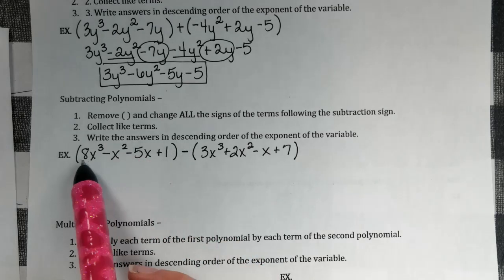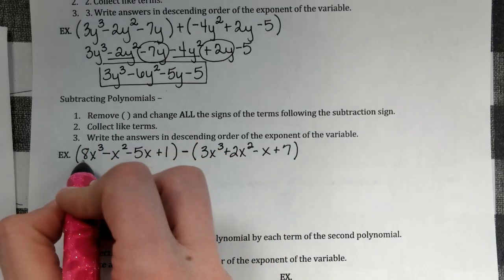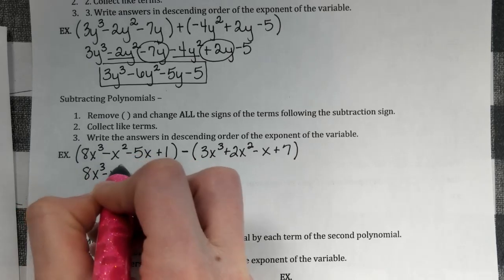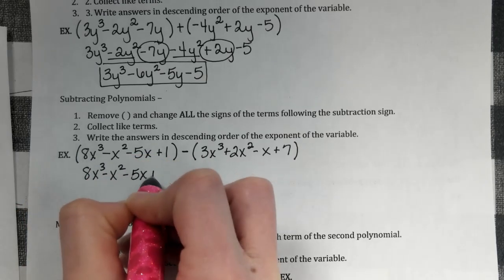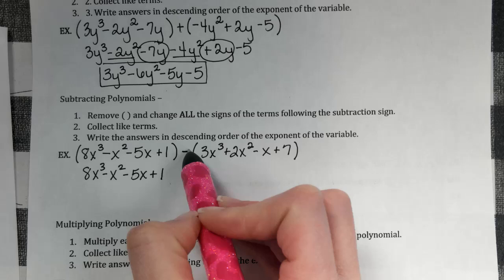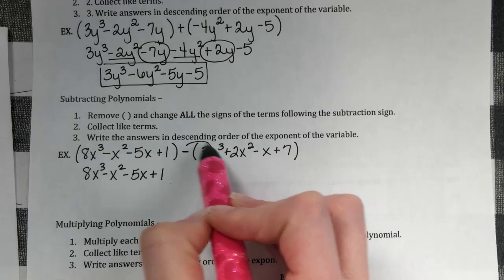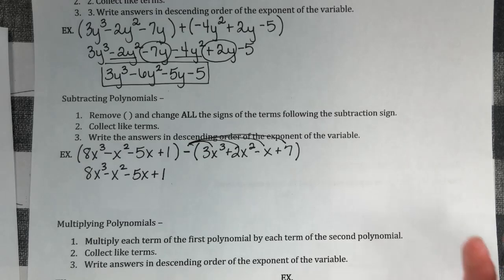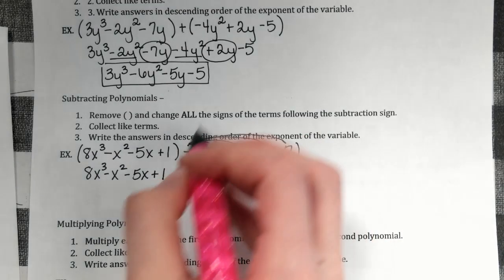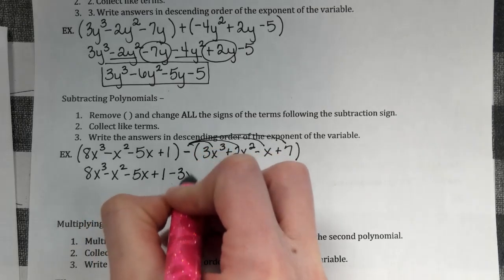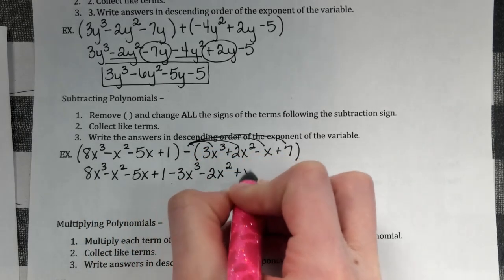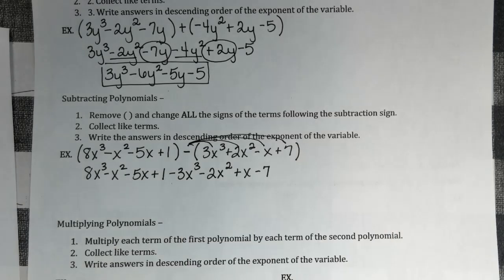When you're subtracting, you're still going to copy down the first polynomial, that 8x cubed minus x squared minus 5x plus 1. But then when you are subtracting, you are distributing the negative to every term inside that second set of parentheses. So the entire second polynomial will take on that negative, so it becomes a minus 3x cubed minus 2x squared plus x and minus 7.